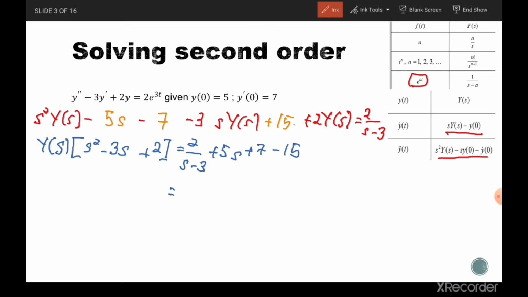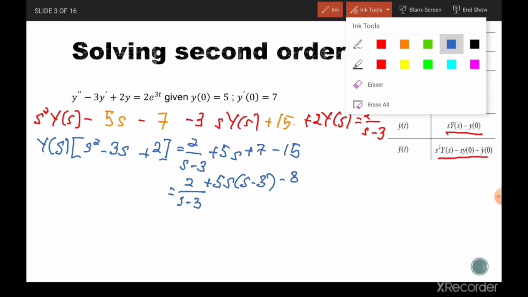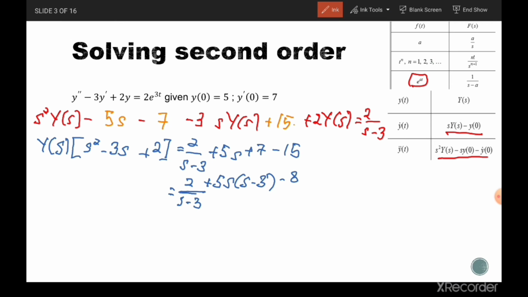Then you can solve. I just want to simplify here. 7 minus 15, we get negative 8. Over s minus 3.